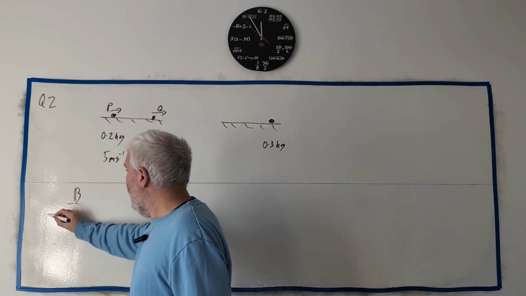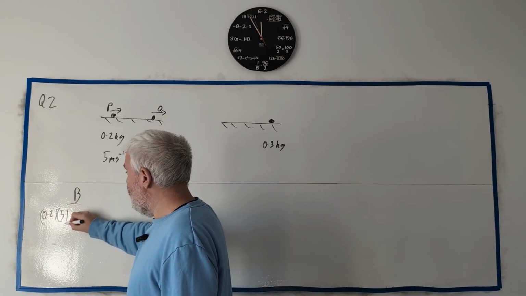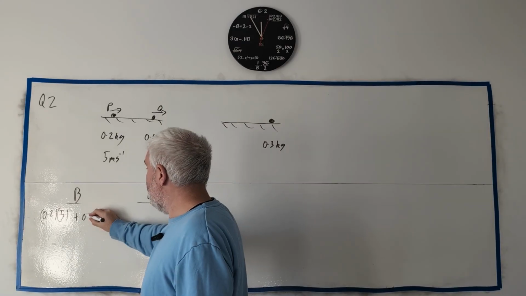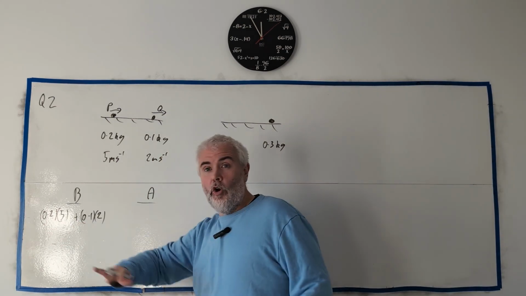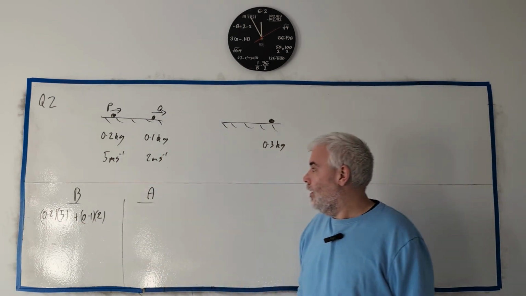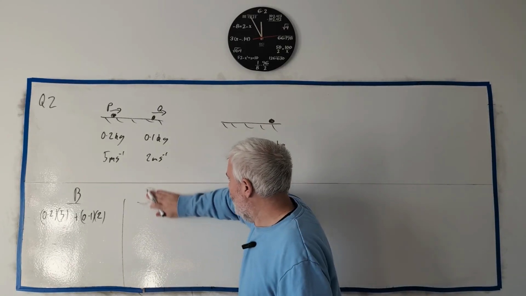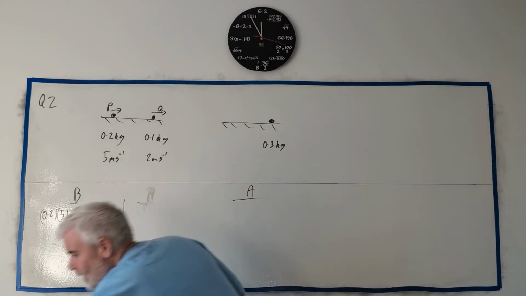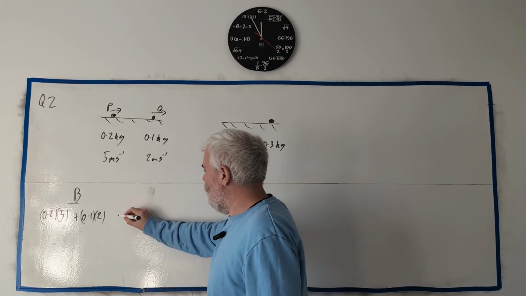And this is for momentum. Before we have the mass of P multiplied by its speed, that's momentum, plus we have the mass of Q multiplied by its speed. That's all the momentum in the system before these two balls hit. Actually, I should put A over here, after over here. We can do this out.